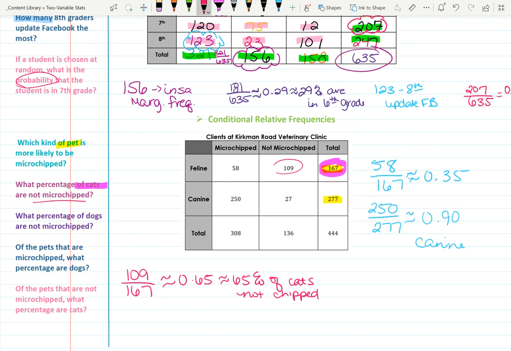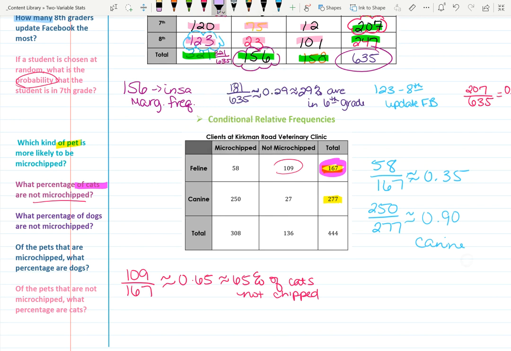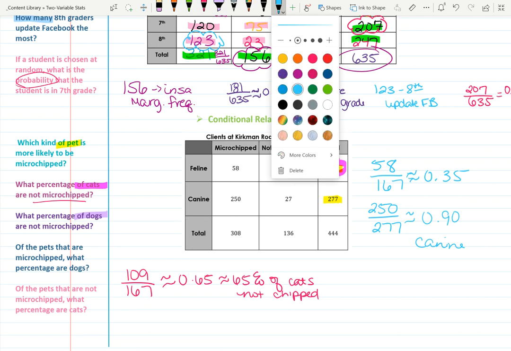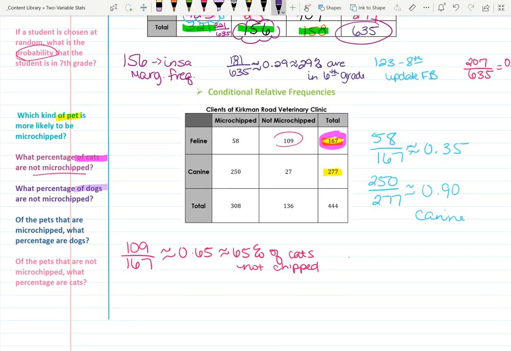Well, that kind of makes sense since a lot of cats are indoor cats. All right, what percentage, again, look at your group. So who are we talking about? What percentage of dogs are not microchipped? So again, of dogs. So out of the canines. So of the 277 canines, what percent are not microchipped? 27.